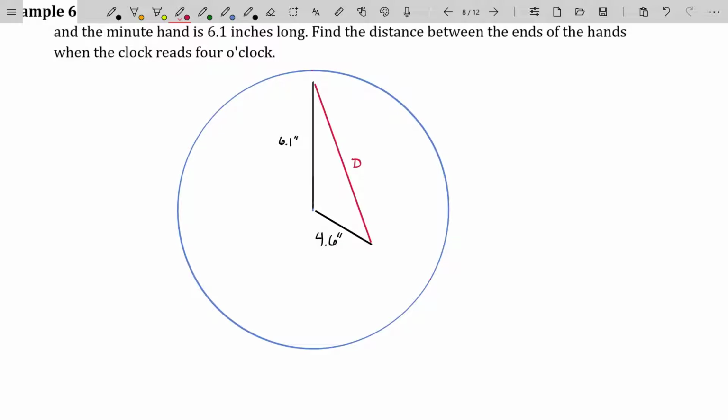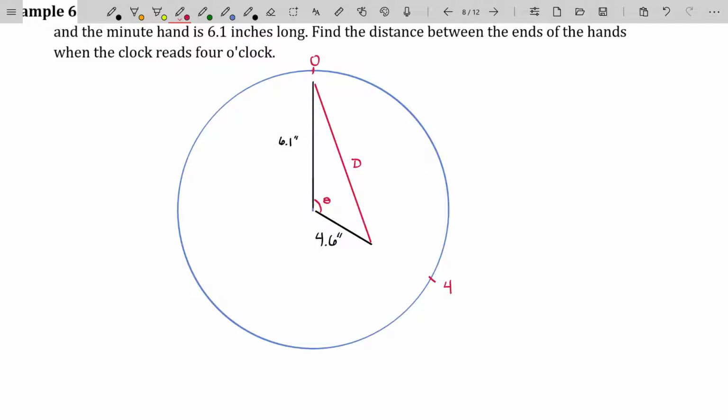It could be 1, 2, 3, 4, 5, 6, 7, 8, 9, 10, 11, or 12. So there are 12 portions to the circle. And between time 0 and time 4, that's 4/12 of a full circle. So we're looking at 4/12, this angle right here, which I'll call theta for right now.